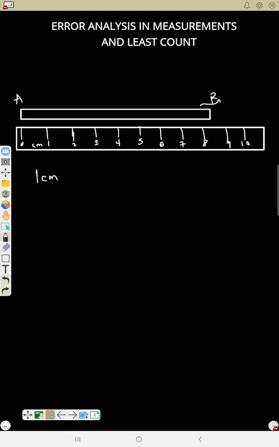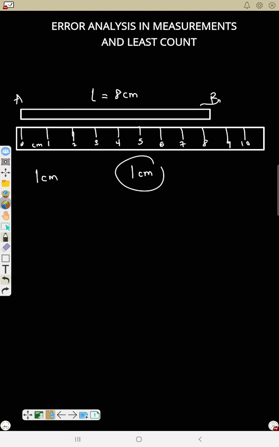Now if we note down the length of this line as 8 centimeter, as seen in the picture, then the maximum uncertainty or maximum possible error in this length can be 1 centimeter, because this scale can measure accurately only up to 1 centimeter.